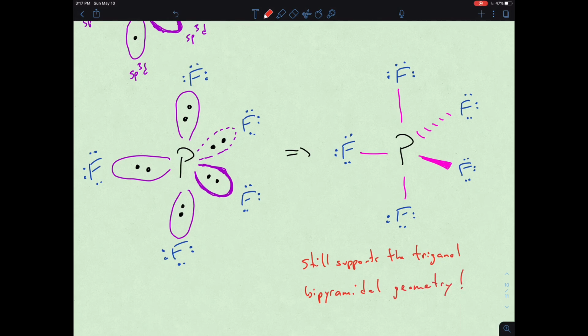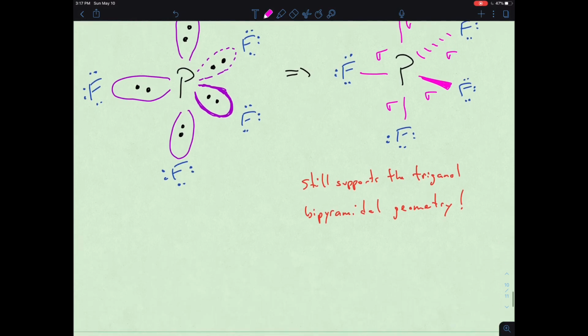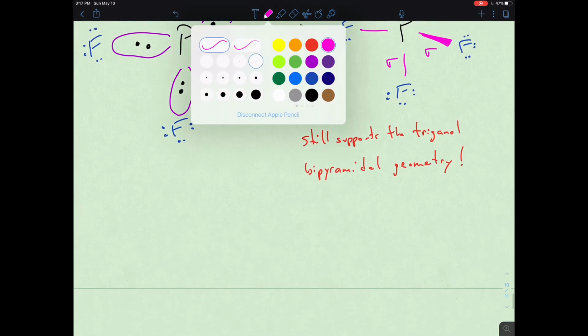So same notion. With 6 groups, now we're just at the octahedral state.